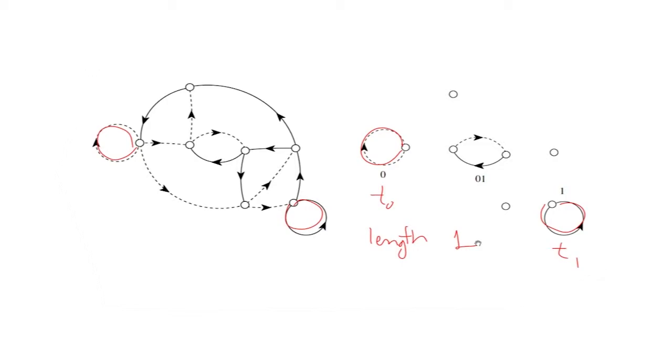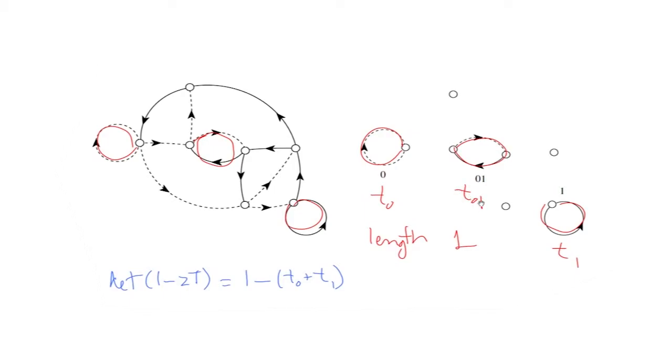Which means that when we write our determinant of 1 minus Ct, we'll get 1 minus 2 cycles of length 1. Then there is 1 cycle of length 2, this guy here, which has a name T01.